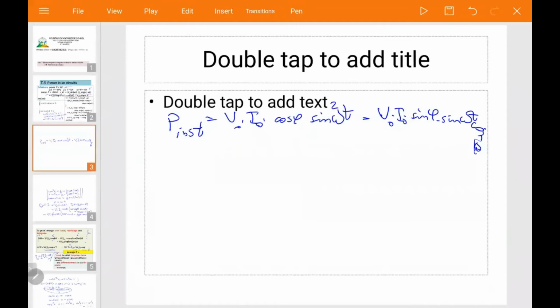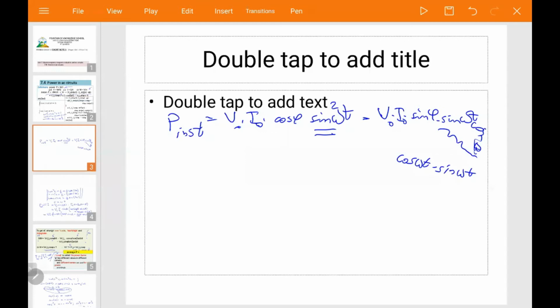Okay, so I'm going to substitute for this one here, and I have here, so it's hardly legible. What you find there is cos omega t times sine omega t.